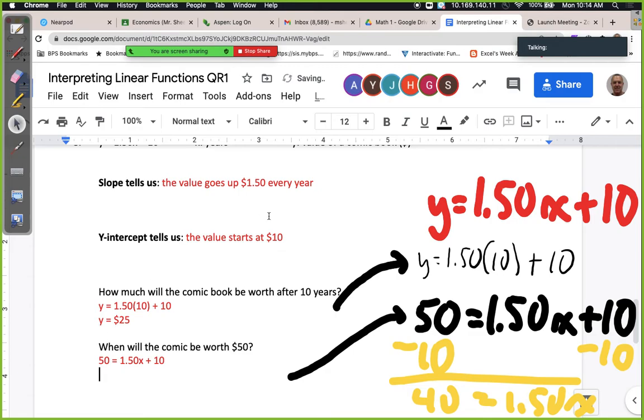So 40 equals $1.50x, and the last step is I divide by $1.50. So 40 divided by $1.50, that's going to be, let's see, 26.7 roughly.